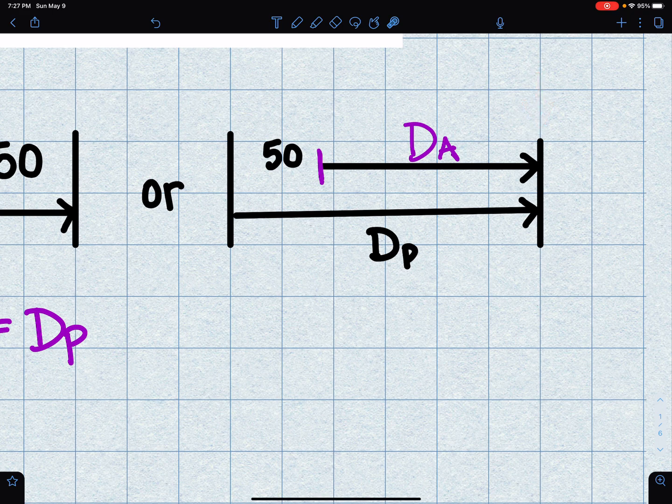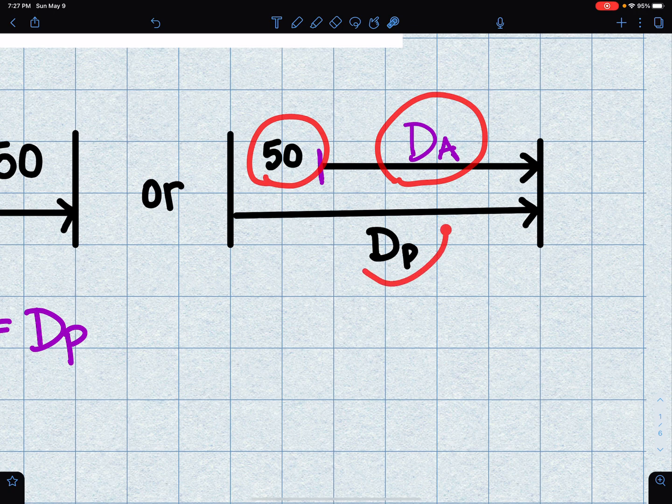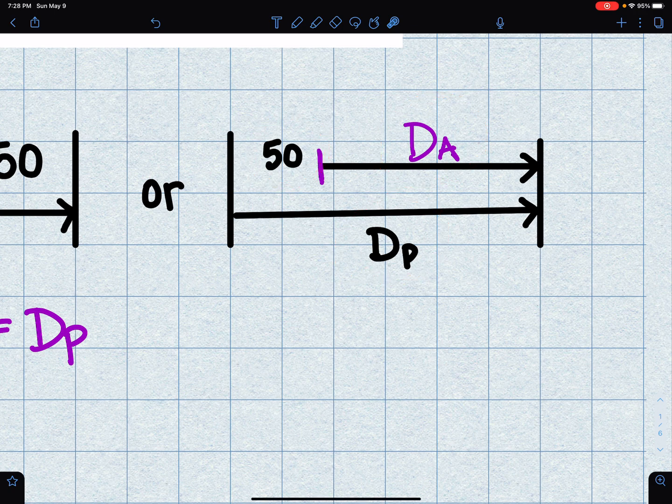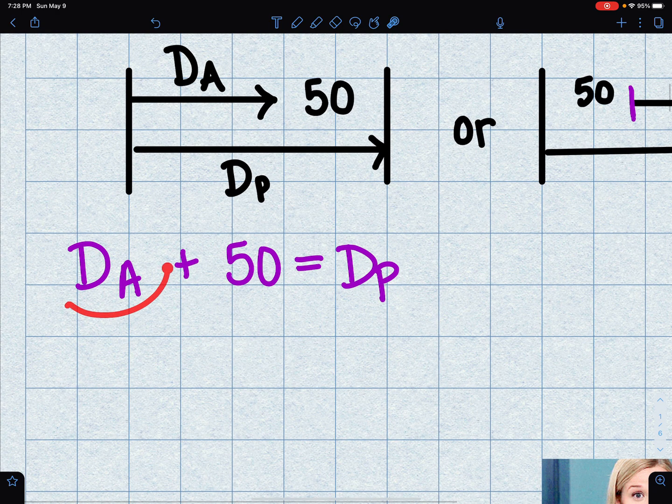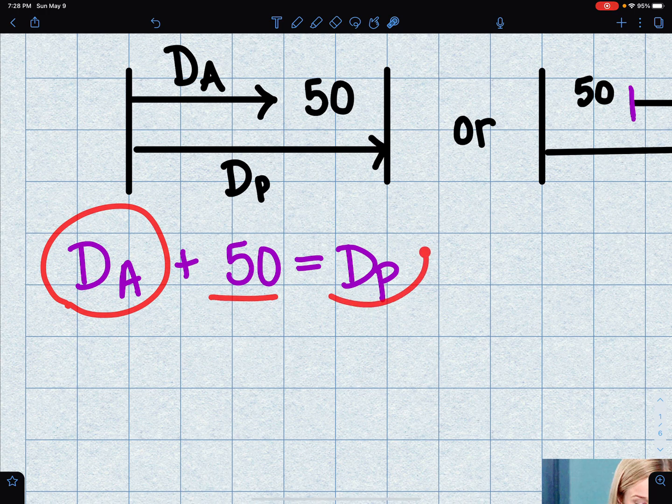So in either case, the left or the right, the distance A plus 50 is going to be equal to the distance that P traveled. And the equations are going to be the same. And so you write an equation like this: dA plus 50 equals dP.